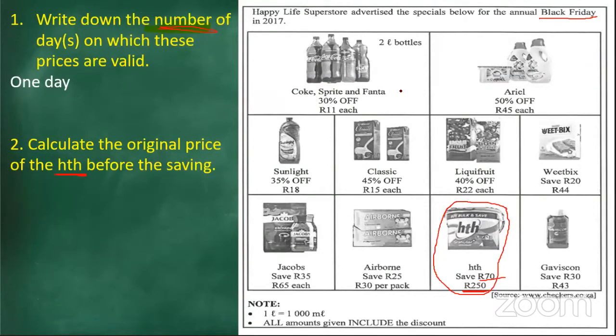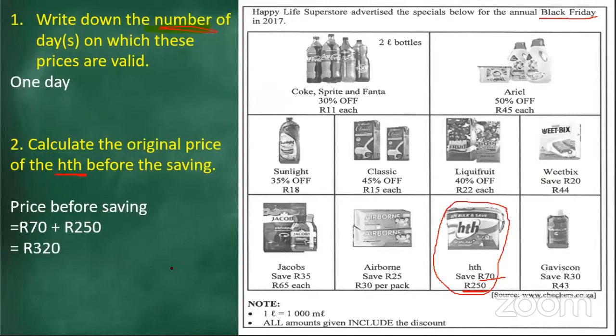Okay, thanks, Limon Reds. 320. How did we get the 320? Let us look at the steps. Price before saving is that 70 rands you'll be saving plus the 250 rands. Oh, okay. Thanks, Hemia. I don't have a pool. Now you know. 70 rands plus 250 rands is 320 rands.